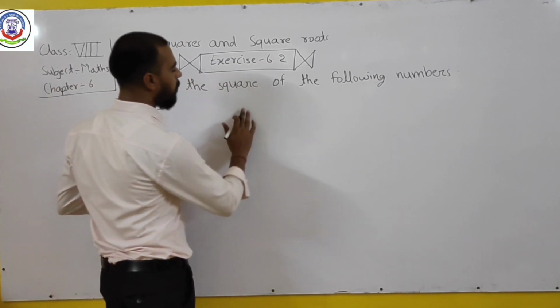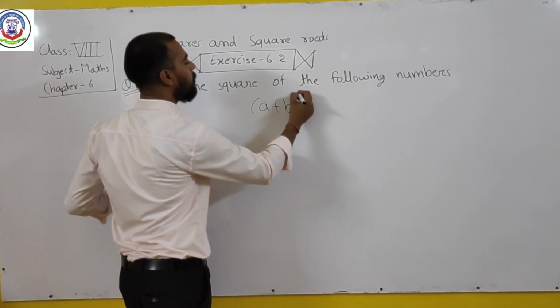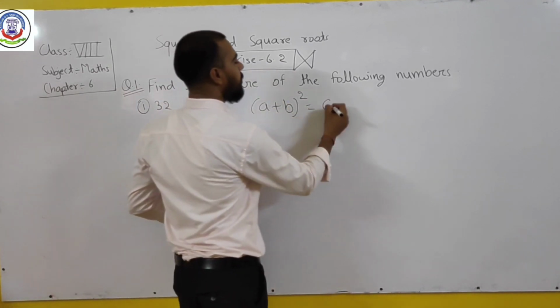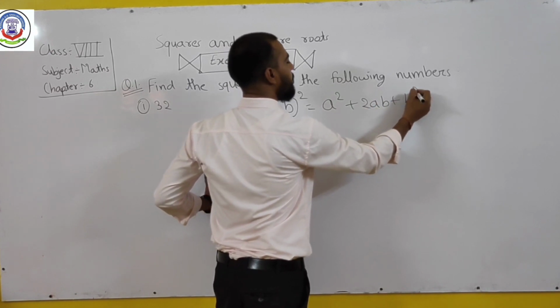We have to follow a formula, which is (a plus b) whole square equals a square plus 2ab plus b square.